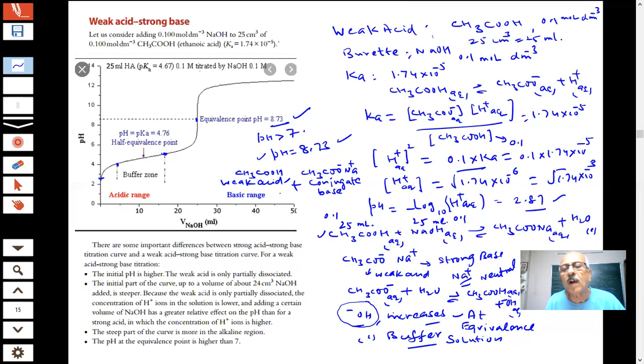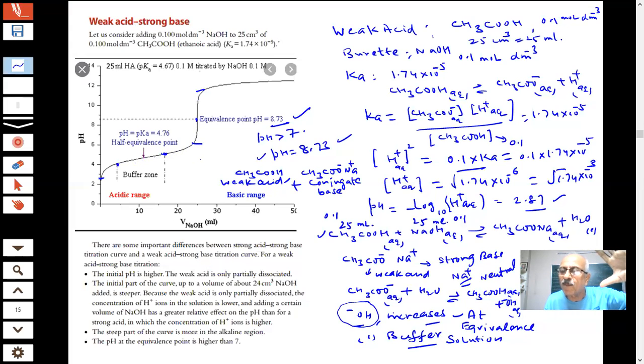But after you add excess, the buffer zone is over and then the pH increases more. Here there is a smaller increase in pH, then it increases more. And at 25 milliliters, when equal moles are there, you can see the pH increases sharply, but this region is smaller than the region you have seen for a strong acid.